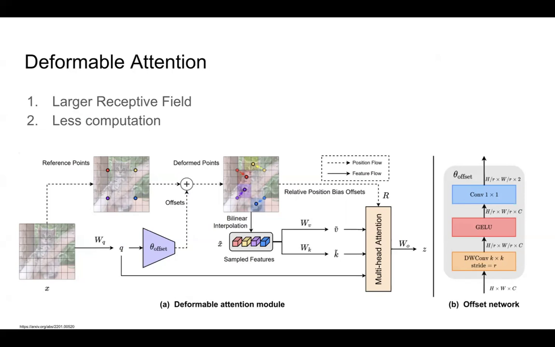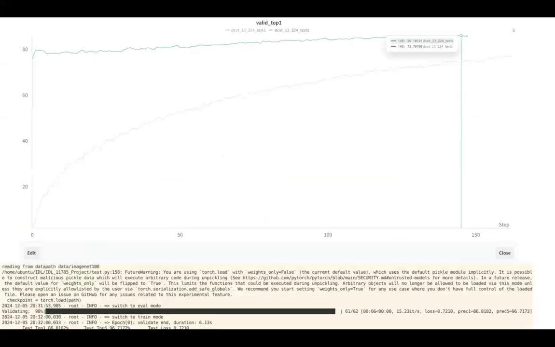In this way, the sampled feature map can uniquely adapt to different shapes. And after that, the feature map will be transformed into value and key matrix and perform the standard attention. Next. So in this way, our validation accuracy is 86.81, which beats the baseline by 3%.